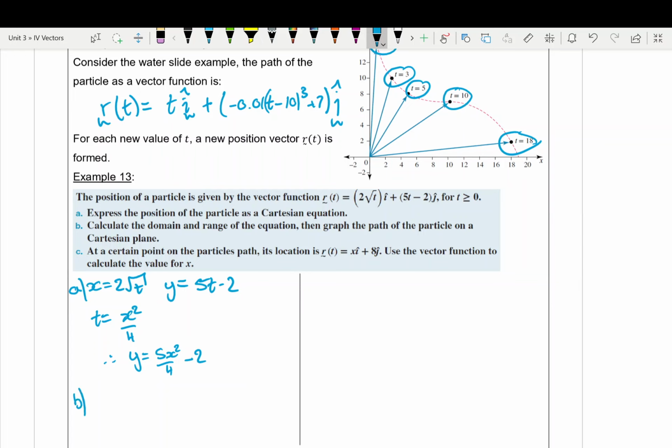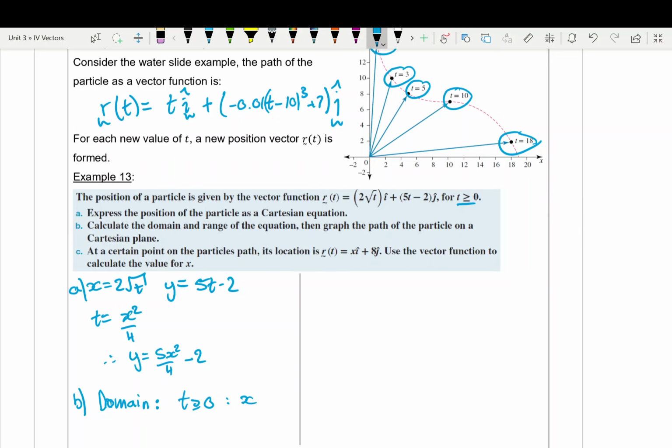For part B, we're asked to calculate the domain and range of the equation, then graph the path of the particle on a Cartesian plane. So for the domain, we know that t is greater than or equal to 0. It's given up in the question here. So what does that mean for our x?